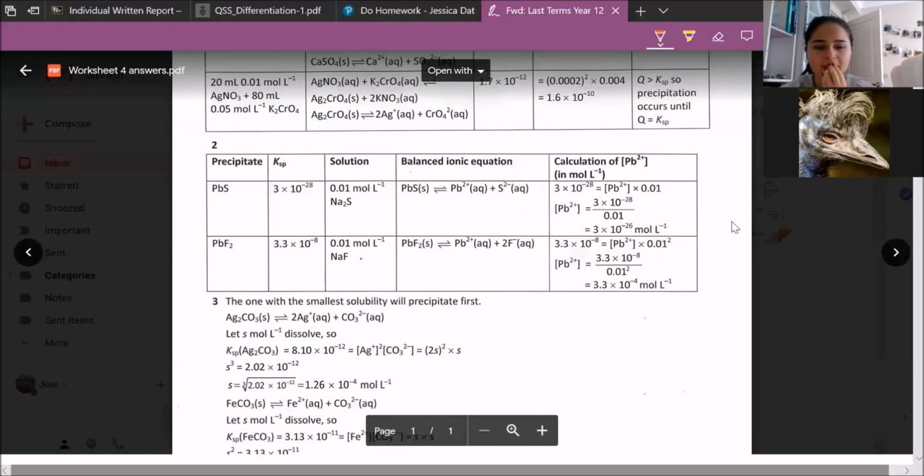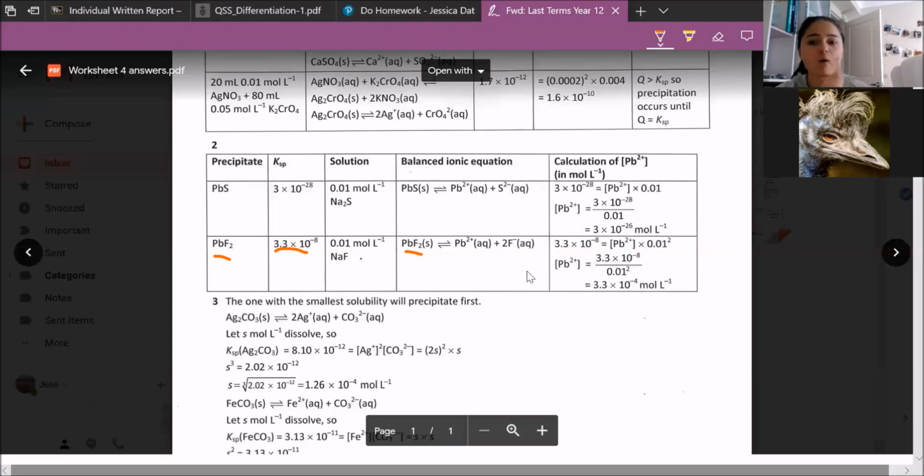Wait. So do you agree? We've got right here, we've got lead fluoride. Yep. You've got Ksp, and remember it's now in sodium fluoride. So in your balanced ionic equation of your precipitate, your lead fluoride, remember lead has a 2+ charge.